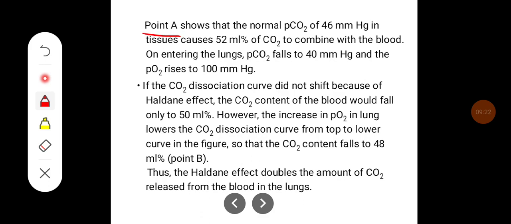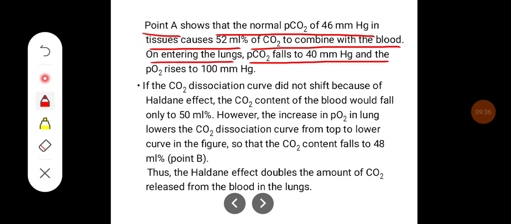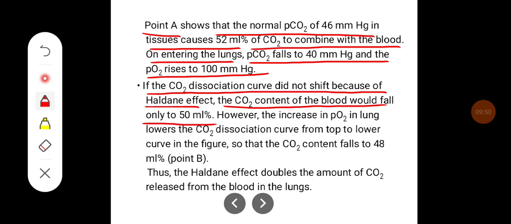Point A in this diagram shows that the normal PCO2 of 46 mmHg in the tissues causes 52 ml percent of carbon dioxide to combine with the blood. On entering the lungs, PCO2 falls to 40 mmHg and PO2 rises to 100 mmHg. If the carbon dioxide dissociation curve did not shift because of the Haldane effect, the carbon dioxide content of the blood would fall to only 50 ml percent.